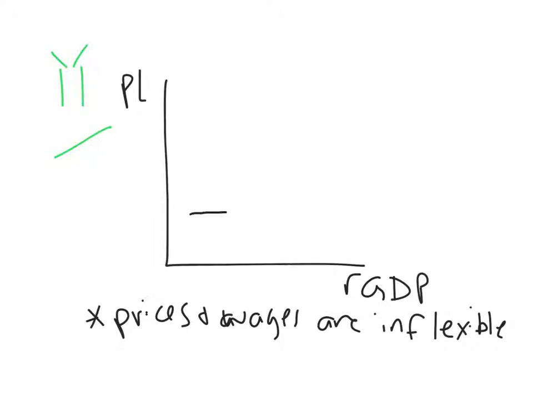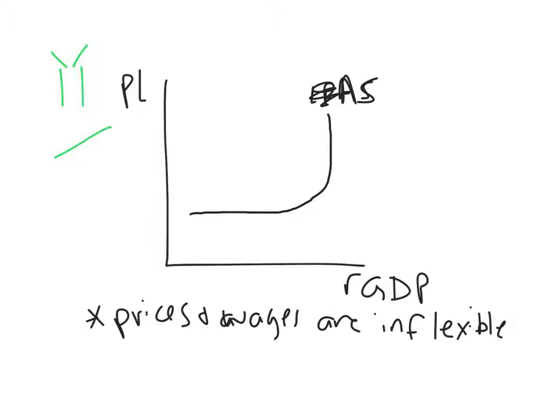So the price level isn't going to change at low levels of output until we reach a point where we start to slope up, producing a higher price level and more GDP, and then eventually we hit some maximum we can't produce beyond. And so that's my AS curve.